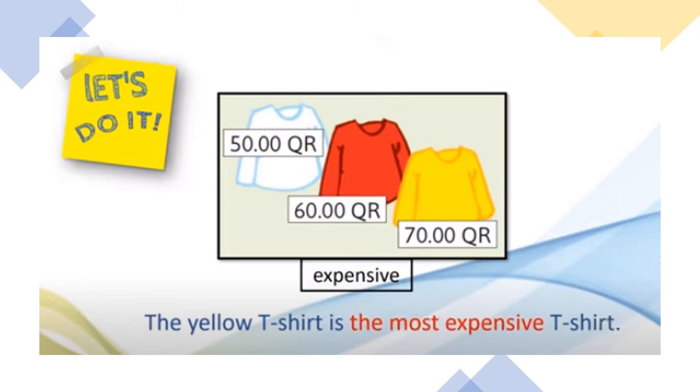If we have a long adjective like expensive, dangerous, beautiful, and we want to make a superlative form, we use the most before the adjective. The most expensive, the most beautiful, the most dangerous.